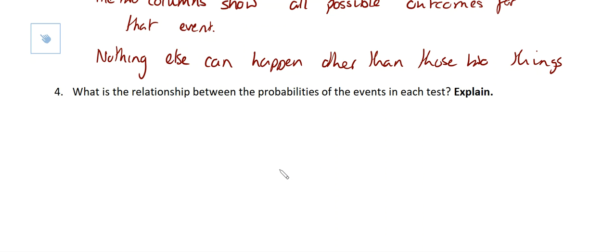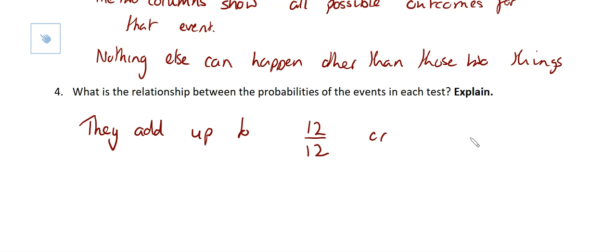All right, what's the probability, Alyssa? Okay, yeah, what's the relationship between the 2 probabilities? Right? Well, ideally, yeah, we could write they add up to 12 out of 12, or 1. Now I think, Chase, you wrote adds up to a whole number, which isn't the same thing as a whole.